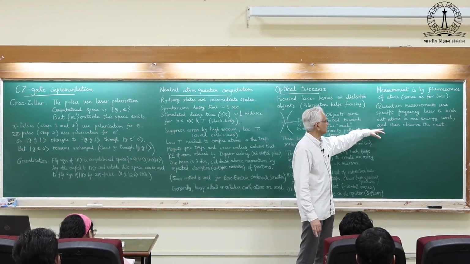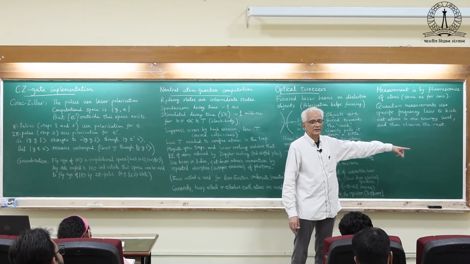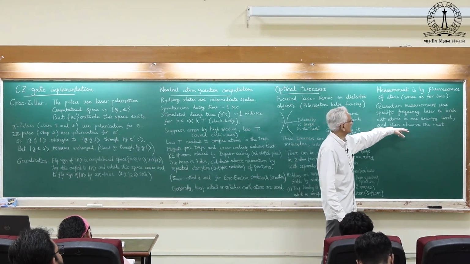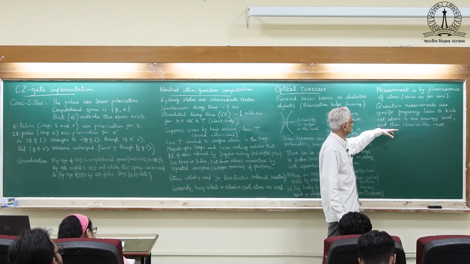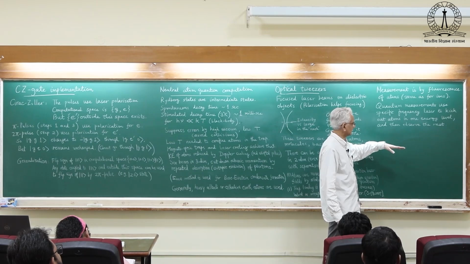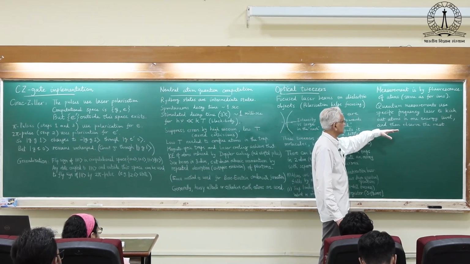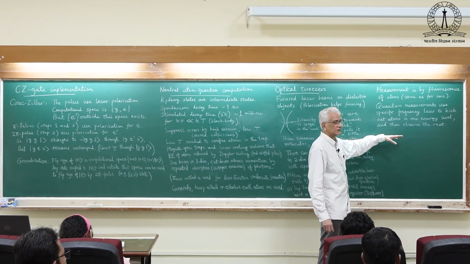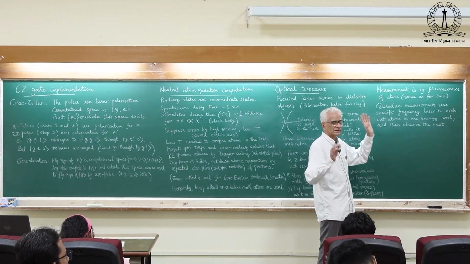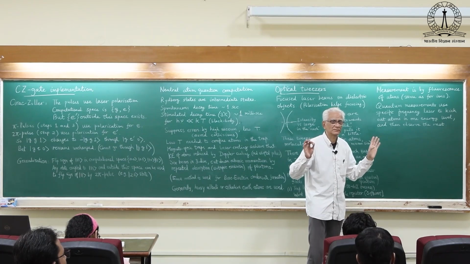And then you observe whatever is remaining. So by doing that, you will have a specification saying that these many of the atoms were in, say, the state 0, and the other ones were in state 1.